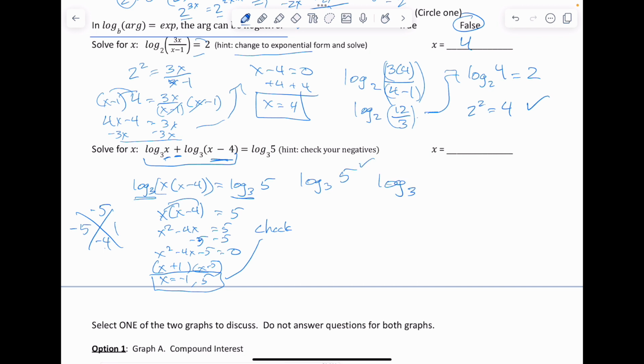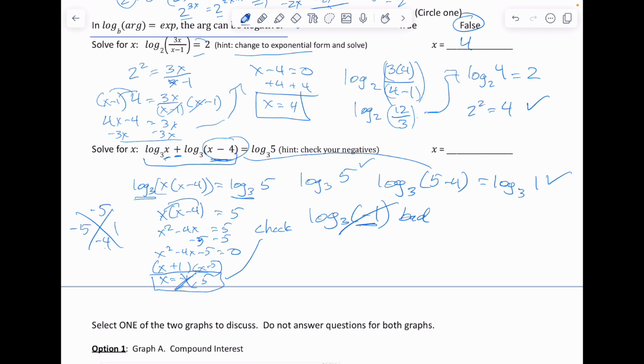Log base 3 of 5 minus 4, plugging this one in, we're going to get log base 3 of 1. That's still positive, so that checks. So 5 is okay. What about log base 3 of negative 1? Can't have a negative 1. Bad. So negative 1 is out. So x can only be 5.